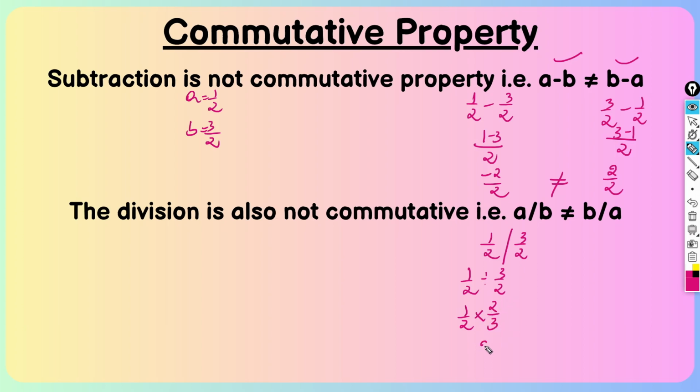So this is equal to 2 by 6. Similarly, we will see 3 by 2 divided by 1 by 2. This is 3 by 2 into 2 by 1. This is nothing but 6 by 2. So this is also not equal. Thus for division, a divided by b is not equal to b divided by a for rational numbers.